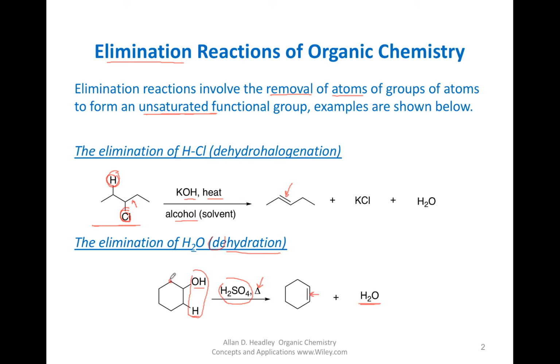If we had a hydrogen over here, well, there are hydrogens here, but if the elimination occurred here, that would be the same molecule. So once again, for elimination, what we have is the removal of atoms. And notice the atoms that are removed are from adjacent carbons. 1, 2. Not from the same carbon. Here we go again. One carbon, second carbon. So it's on the adjacent carbon, and that's why we form a double bond here.